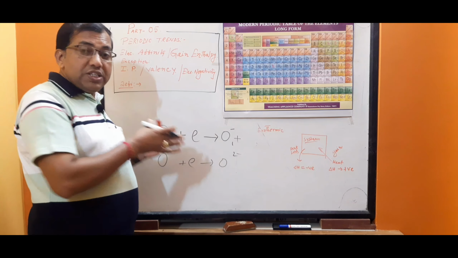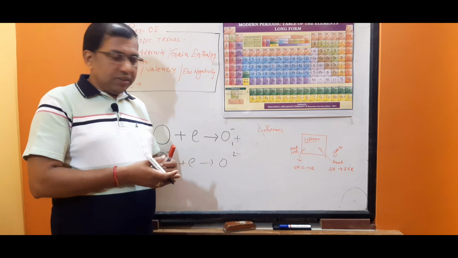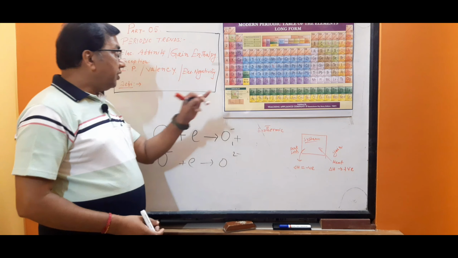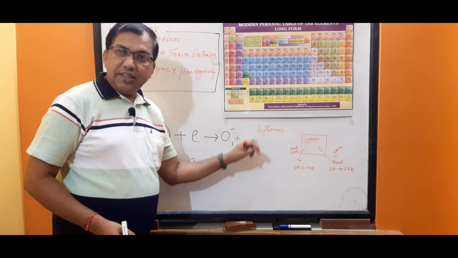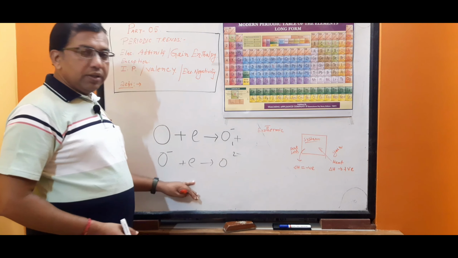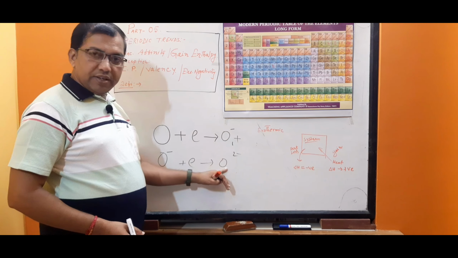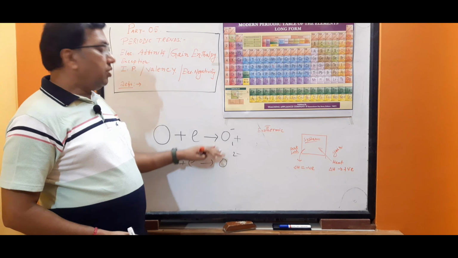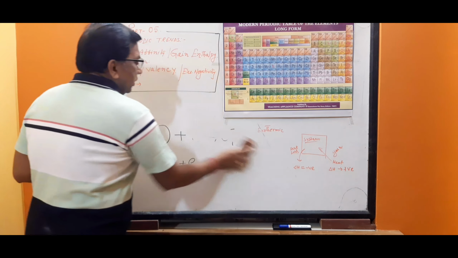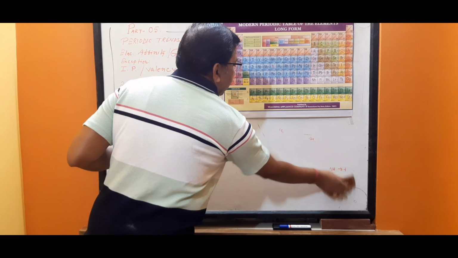If you want to enter the extra electron, I have to give extra energy, and this is known as the second electron gain enthalpy, similar to first ionization energy and second ionization energy. In this way, the energy required for the first, then second, then third, will be greater.